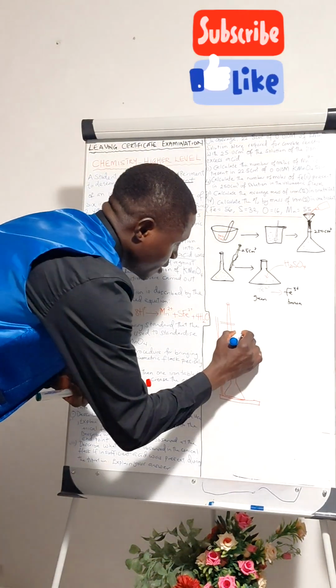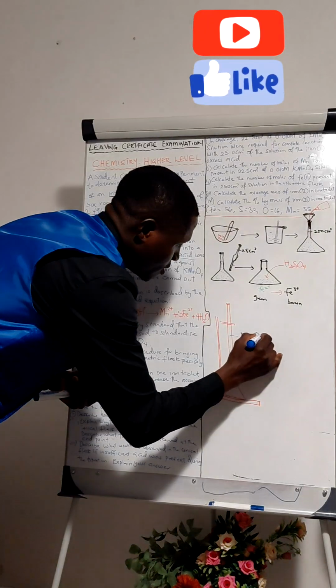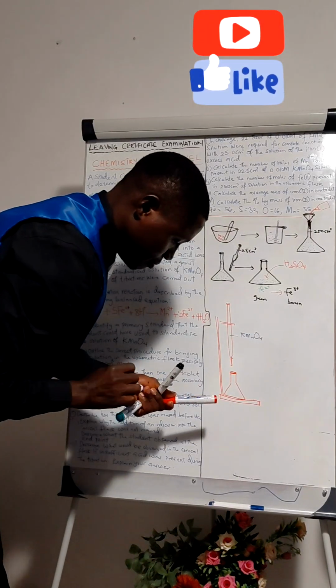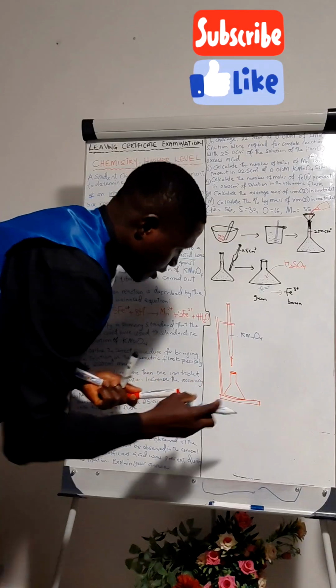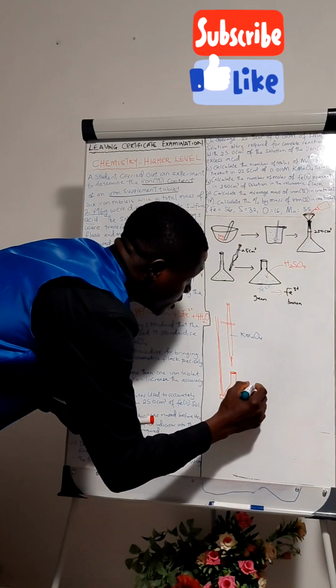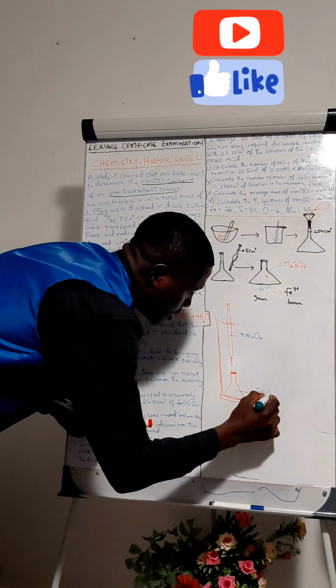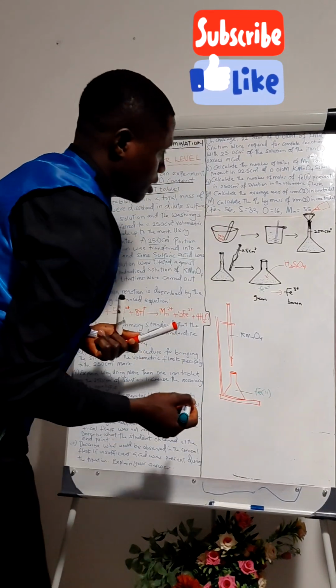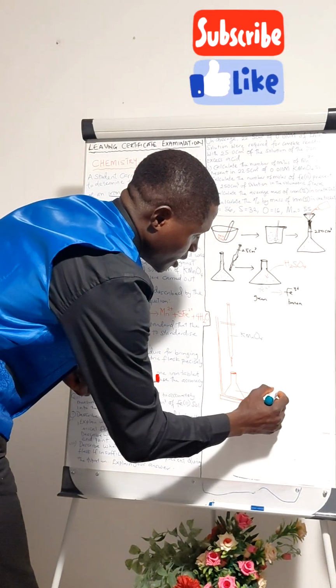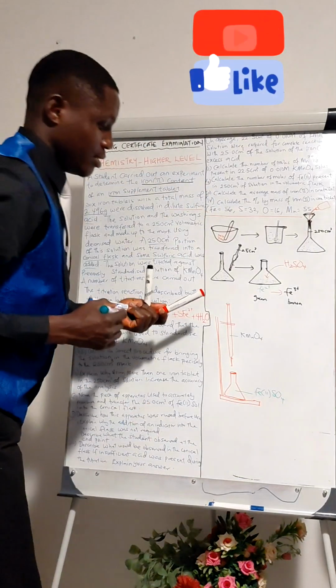And then we have our green, which is what? The iron 2 solution. Iron 2 solution is usually iron sulfate. Iron 2 sulfate. Let me just write it like that.